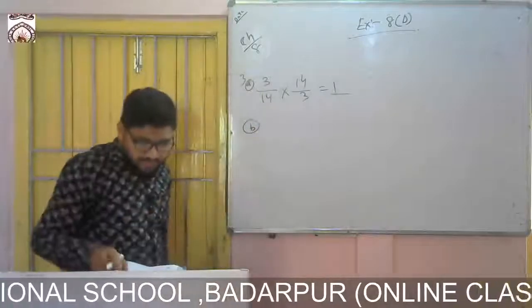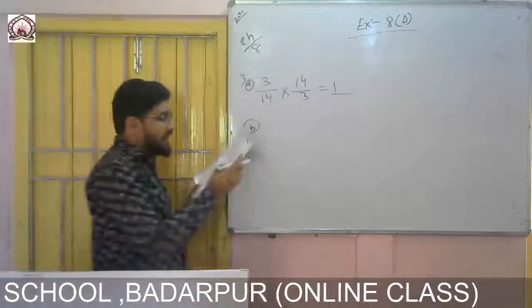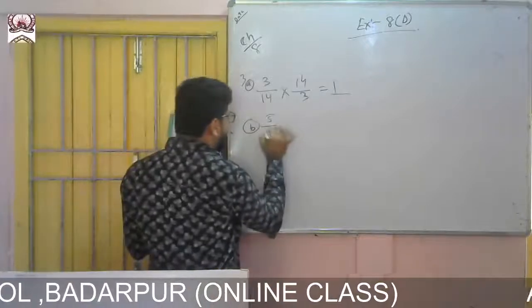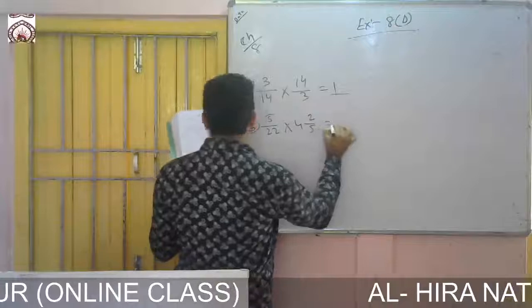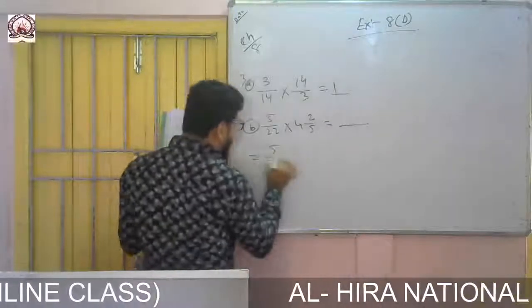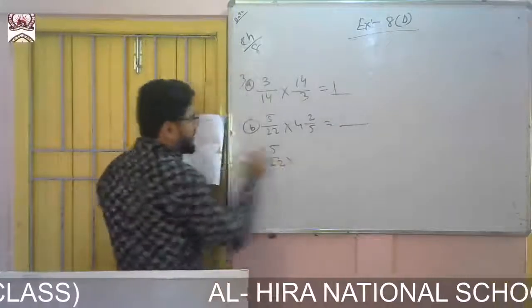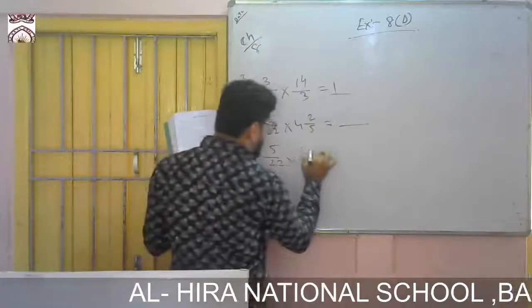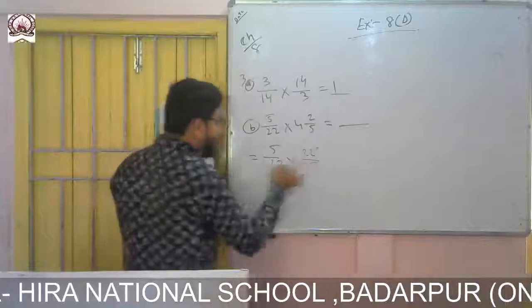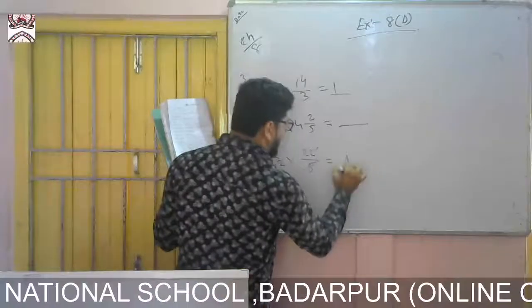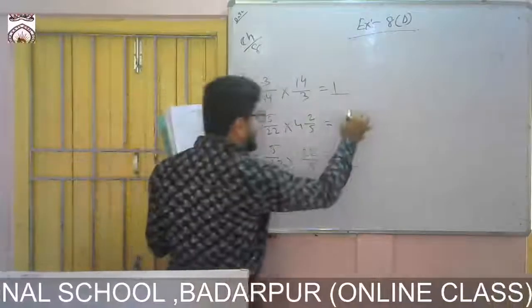In B, what is there? 5 by 22 into 4 2 by 5. We need to find how much. 4 5s are 20, plus 2 is 22, so 22 by 5. 22 gets cancelled, 5 gets cancelled. So the answer is 1.